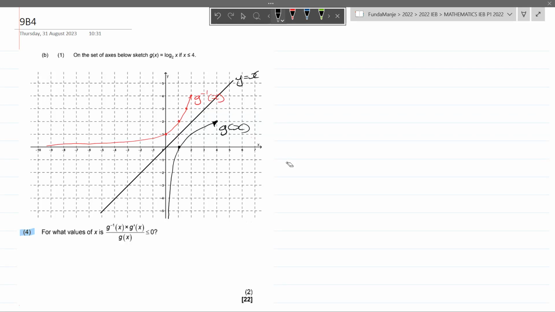Question 4 says, for what values of x is the inverse of g multiplied by the derivative of g divided by g less than or equal to 0?